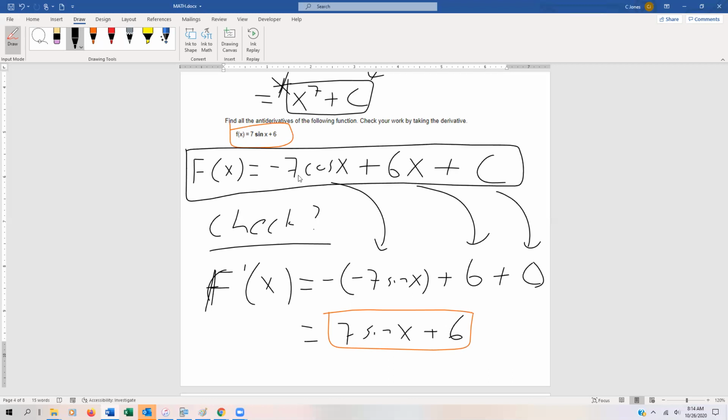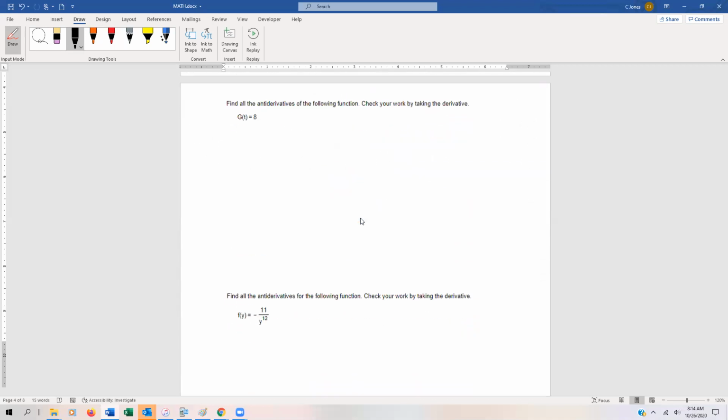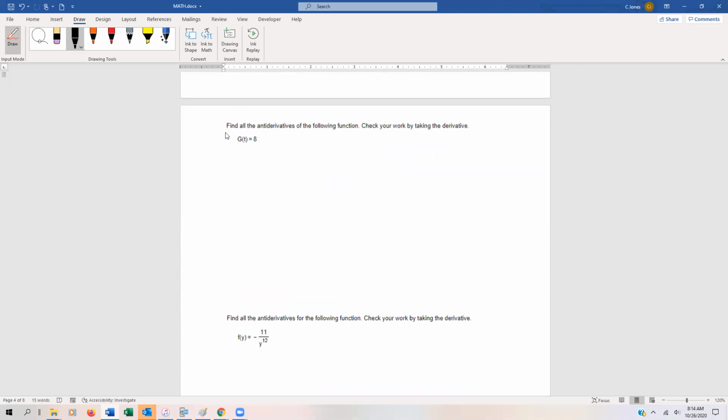A third example. This one's actually pretty tricky. It's just 8, and we want to find the antiderivative. Now, this is what a lot of students would do.